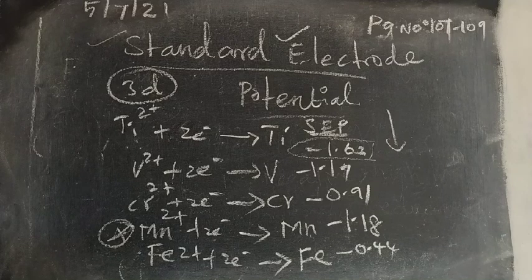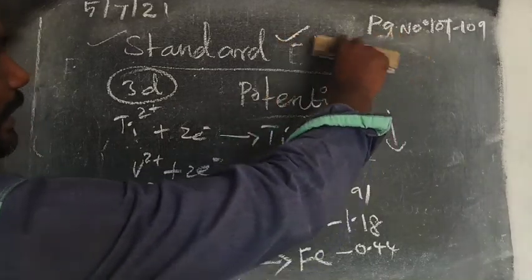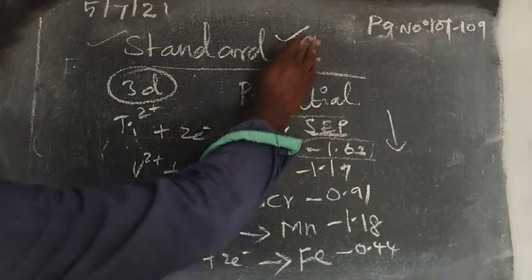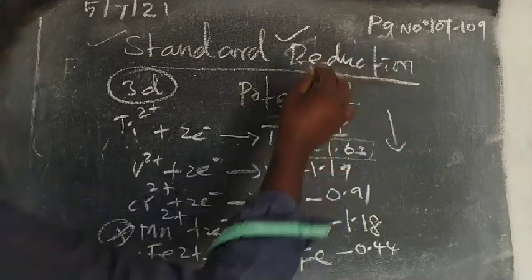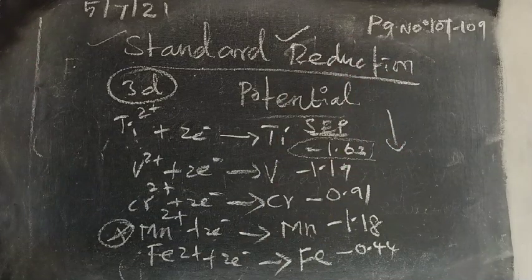Do you know the beauty of copper? Copper alone has plus 0.34. That is given in the table, page number 107. So from titanium to zinc, what you can understand is the standard reduction potential, not electrode potential.